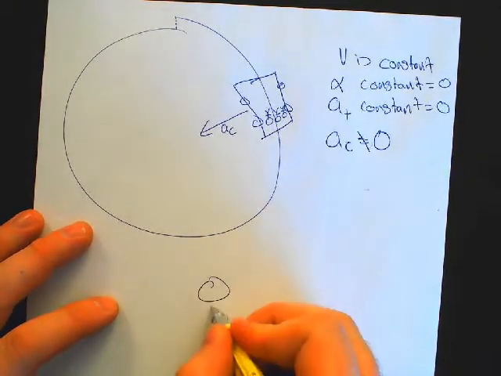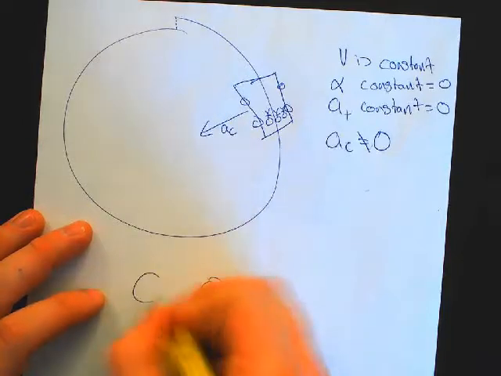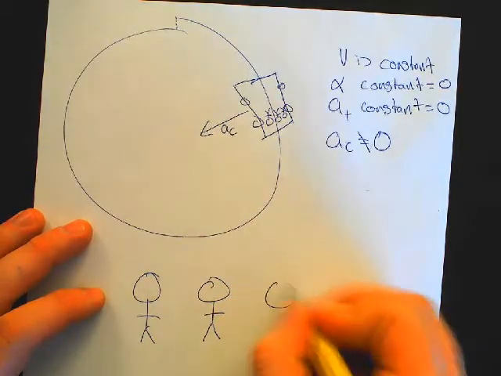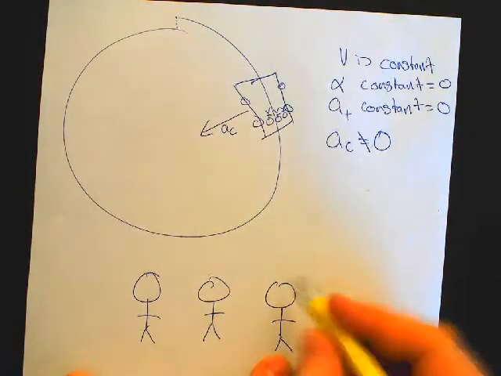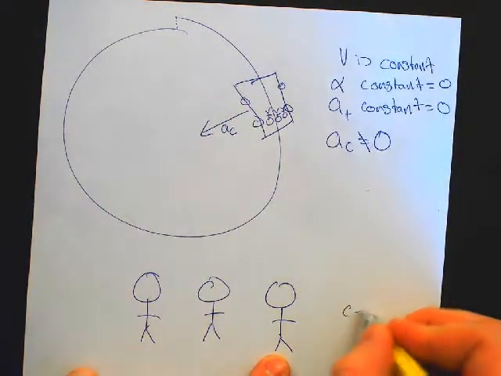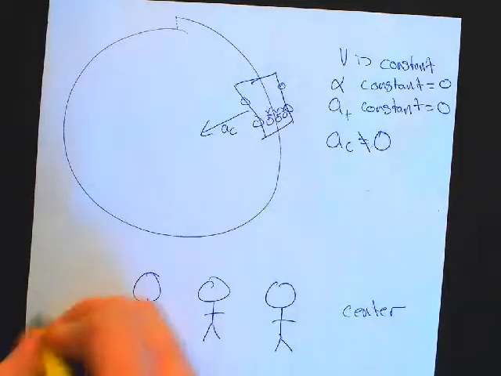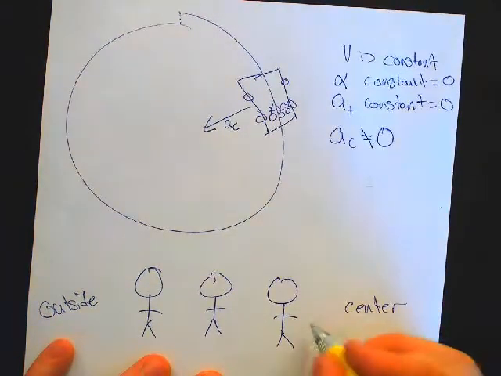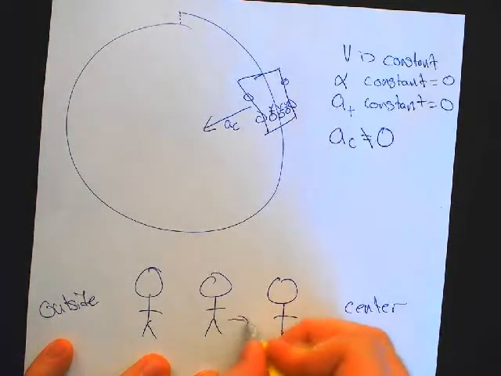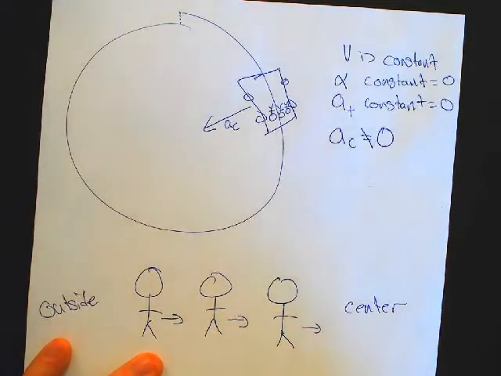So if we take our 3 people in our car, and let's say this is the center of the circle, and this is the outside. Each person is going to feel a force acting towards the center. This is their centripetal force causing their centripetal acceleration.